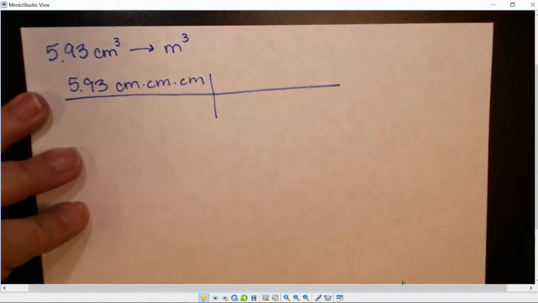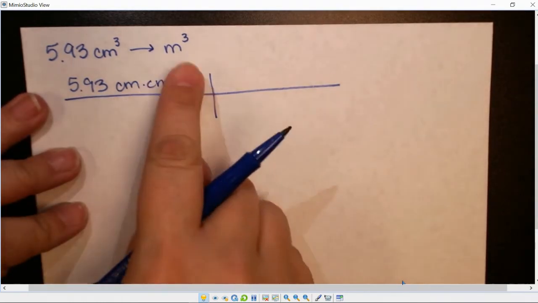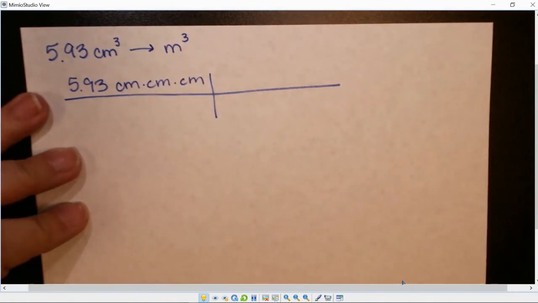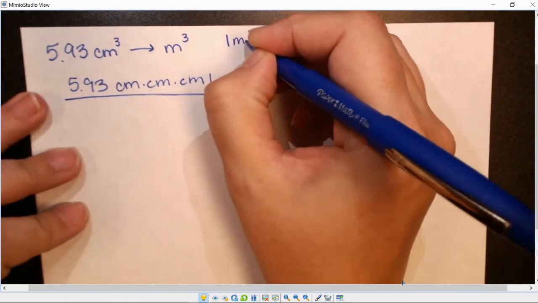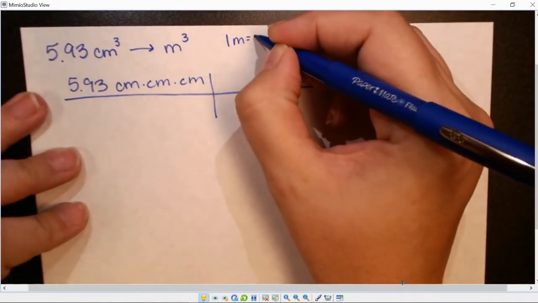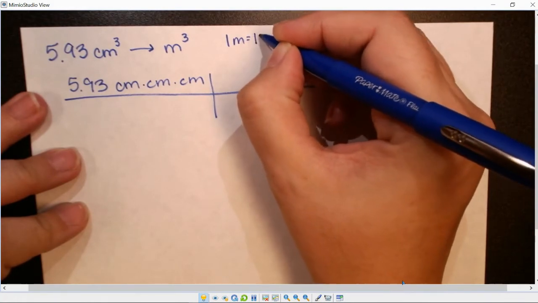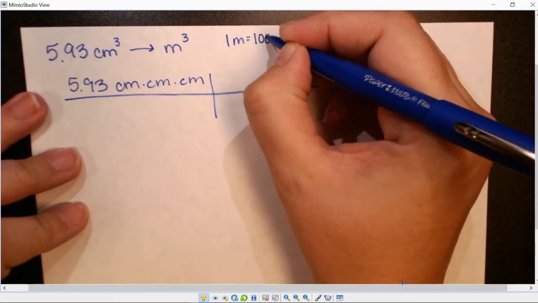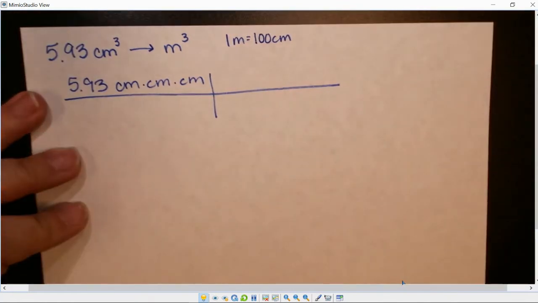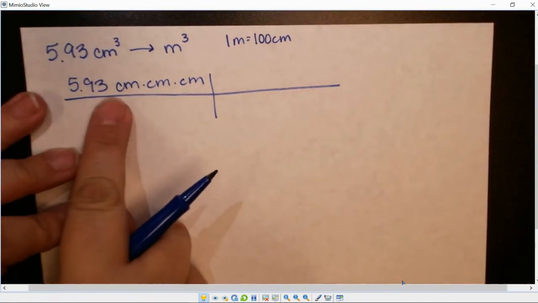Okay, and so we got to get rid of those centimeters and convert them to meters. If you think of the conversion, 1 meter is equal to how many centimeters? Hundred centimeters. So we're just going to cancel diagonally.